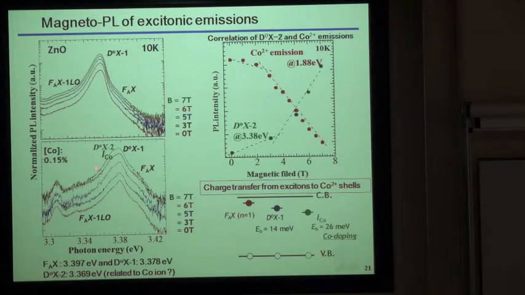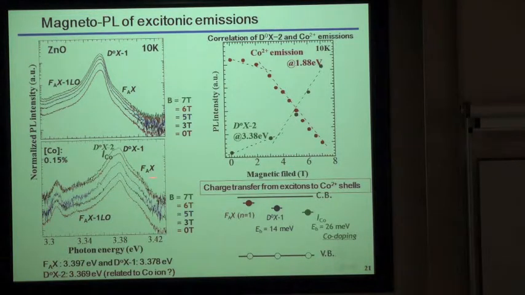So we have shown that like this, and here is the photoluminescence intensity of the peaks, compared with the emission from the cobalt, so the 1.88 eV, like this. So it shows opposite behaviors.